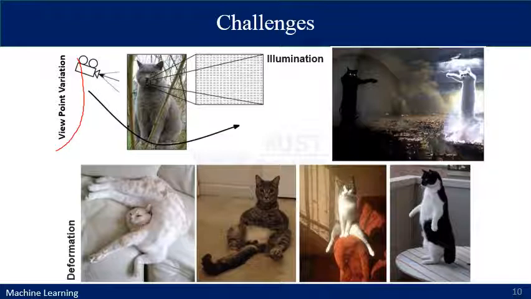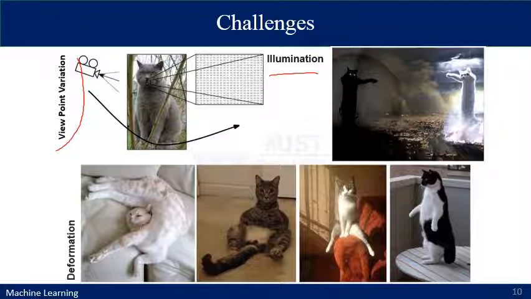Similarly, you may have the effect of illumination, where you can have the lights or the darkness of the images or other shades which are expressive in many forms, but they are different from each variation.